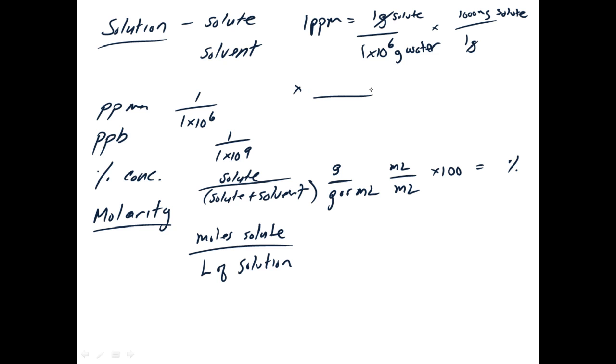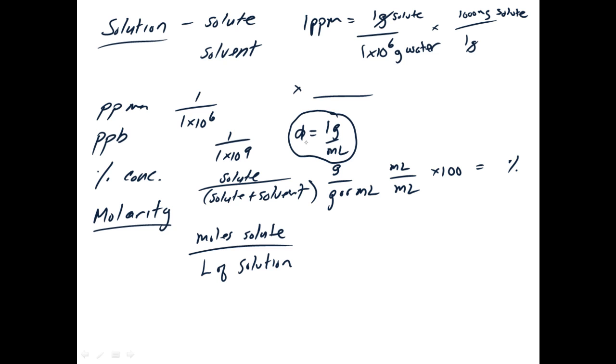Now, if we want to change this to a volume, we're going to approximate that the density of water is 1 gram per milliliter. Now that's an approximation. The only time it really comes close to that number is at about 4 degrees Celsius. But this is an approximation that we use quite often in chemistry.